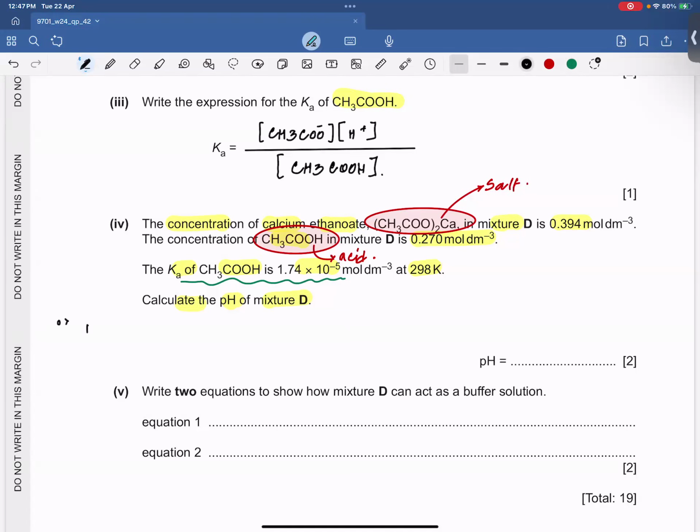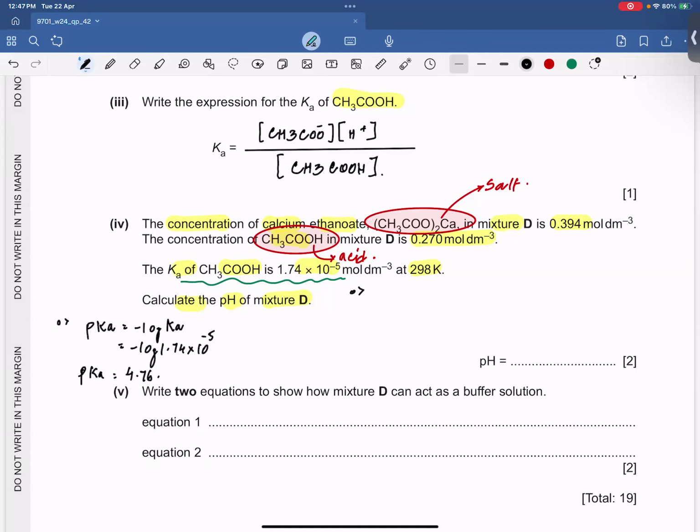Let me find the value of pKa equals minus log Ka. So Ka is basically 1.74 times 10 to the power minus 5. So the value of pKa is going to be how much? Minus log 1.74 times 10 to the minus 5. So it's going to be 4.76.